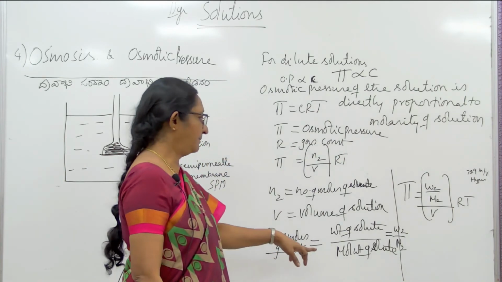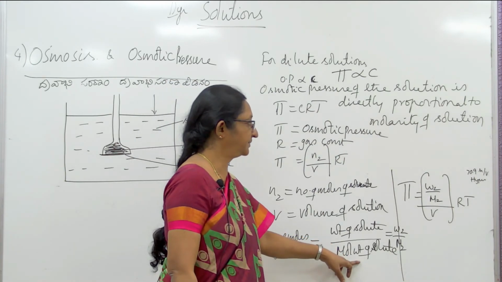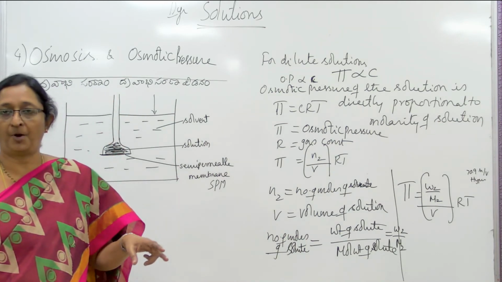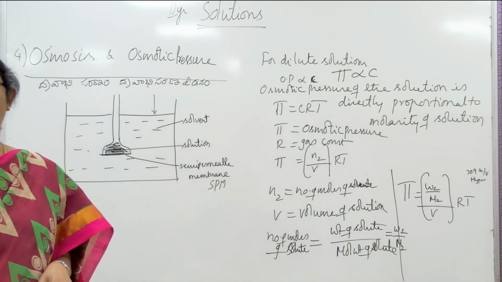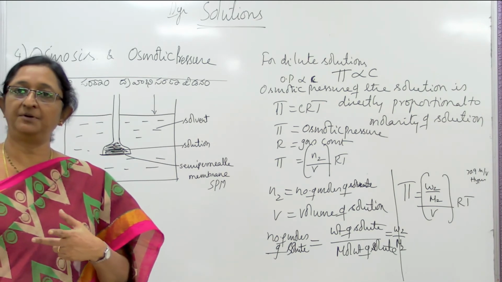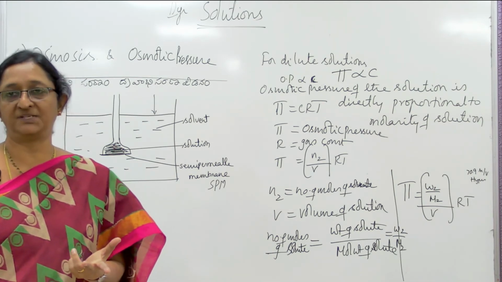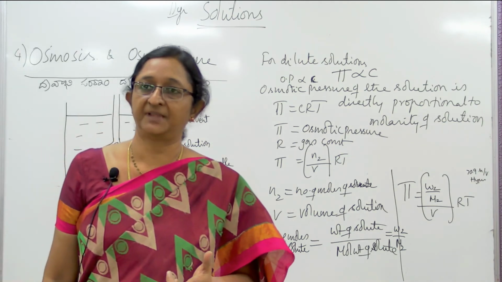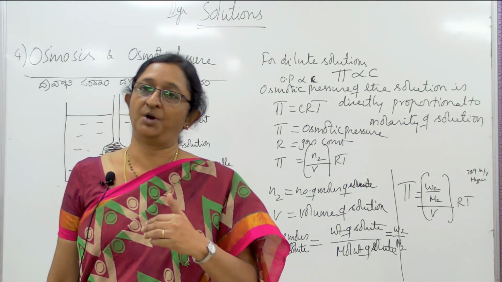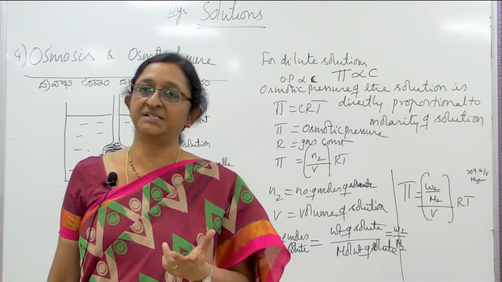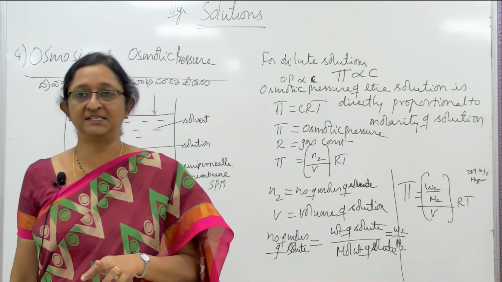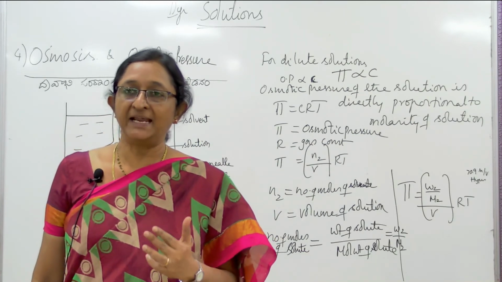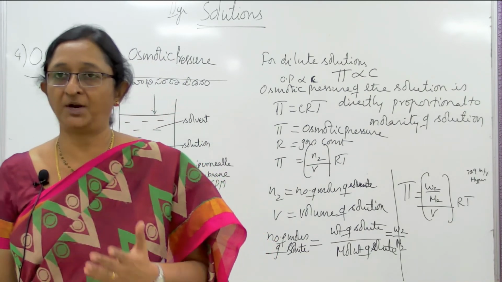So we can substitute that here, letting this be W2 by M2. Pi is equal to W2 by M2 by V, into RT. So from this we can find out the molar mass of the solute.